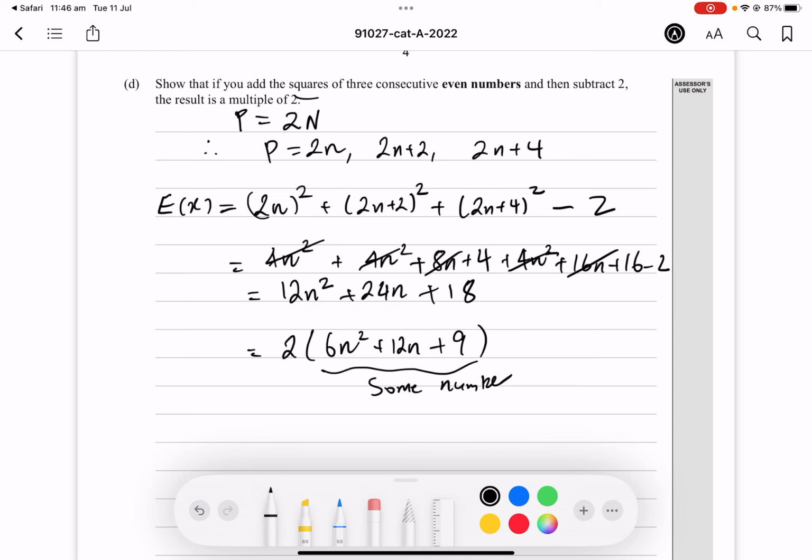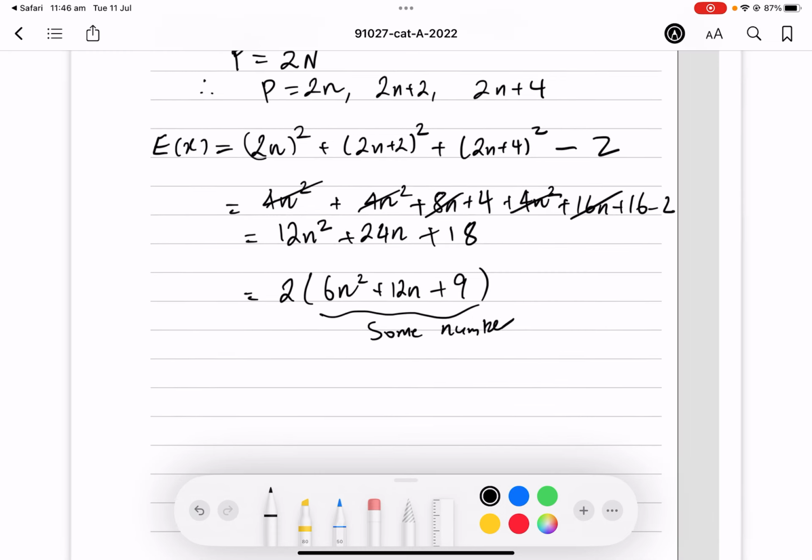And we know in general that any number multiplied by 2 is even. Hence, E of x, the expression, is even.